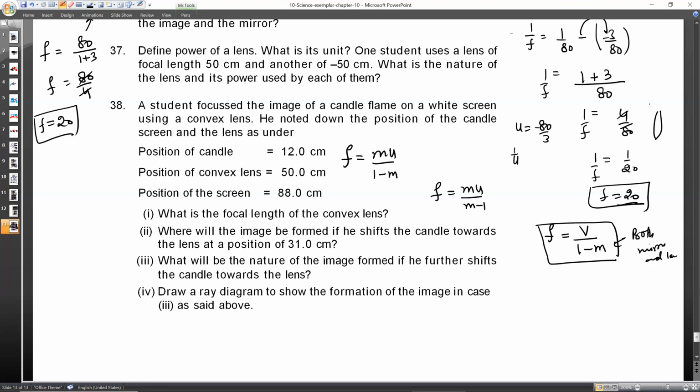So can you tell me what is the value of V, U and F in this question?